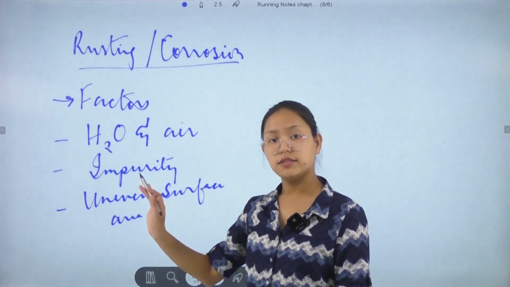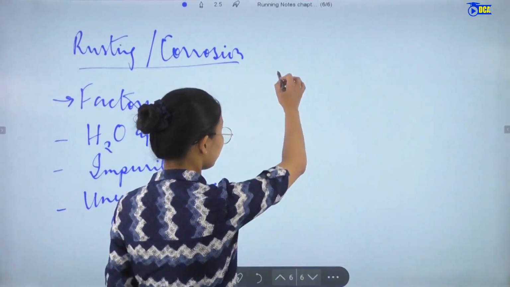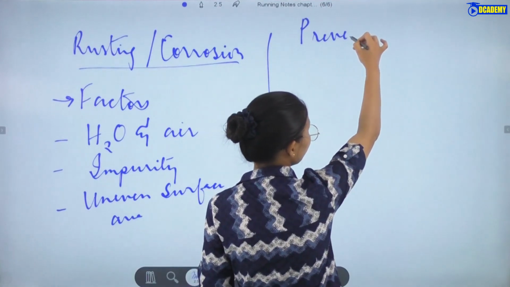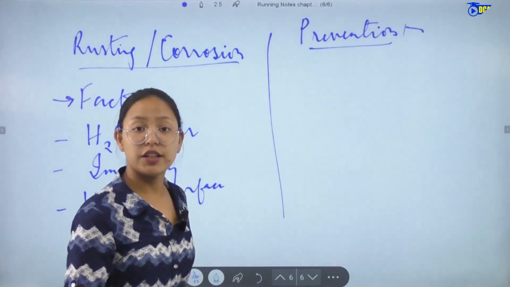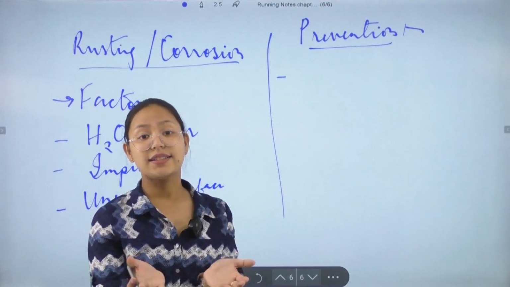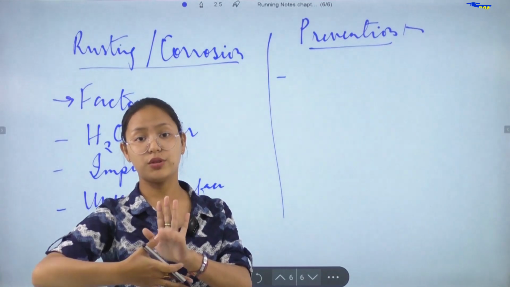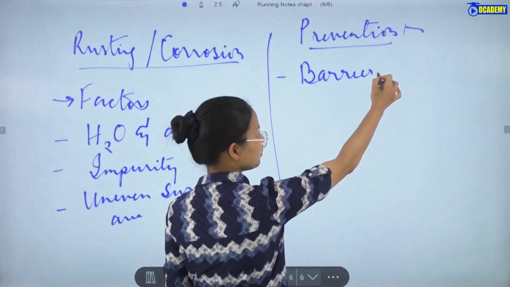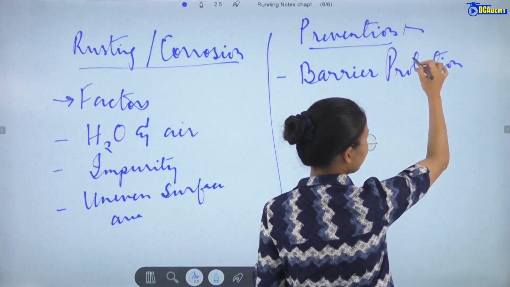Now the main points are the prevention or protection methods. We have prevention or protection through a barrier, which keeps the atmosphere from contacting the metal surface. That is barrier protection.